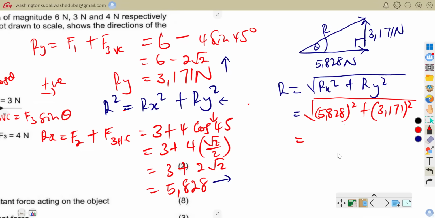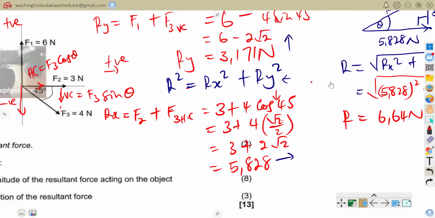So my resultant there is equal to 6.64 newtons. So my R is equal to 6.64 newtons. That is my resultant.